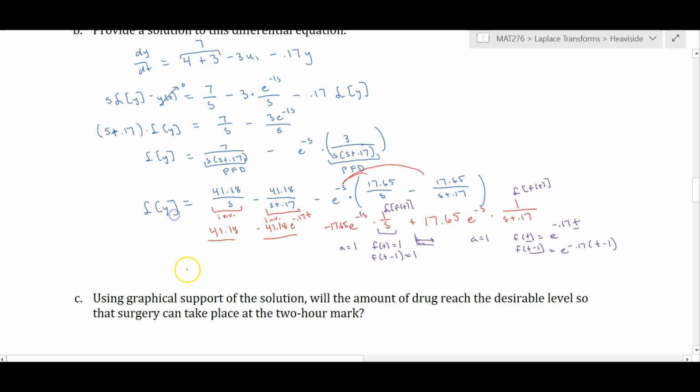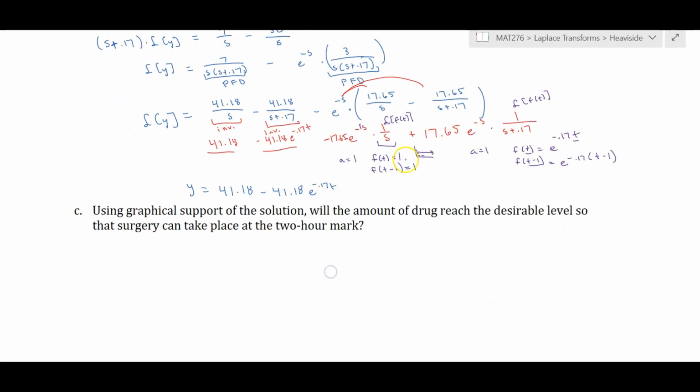So I will just write y equals, we already know the inverse Laplace of 41.18 over s. We know the inverse Laplace of negative 41.18 over s plus 0.17. Now for this piece here, this is going to be u sub 1 of t, a equals 1, times f of t minus 1, which is 1.